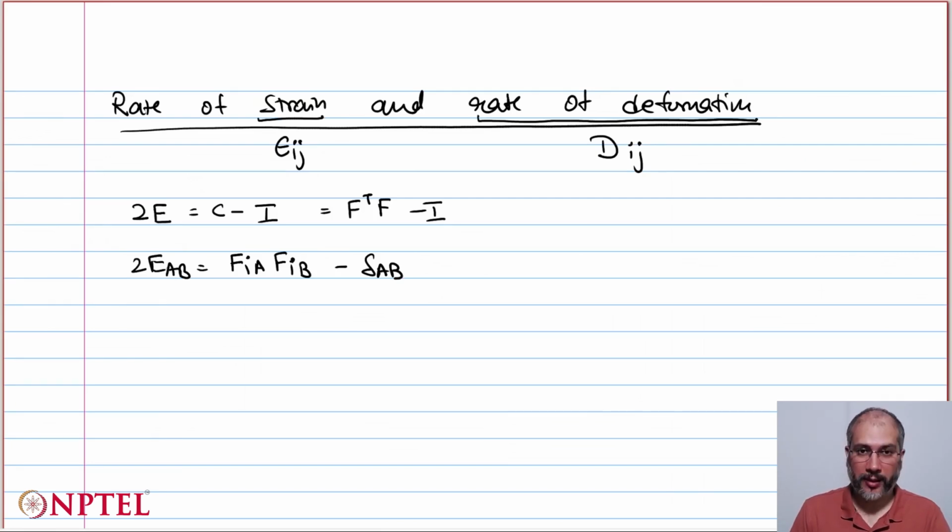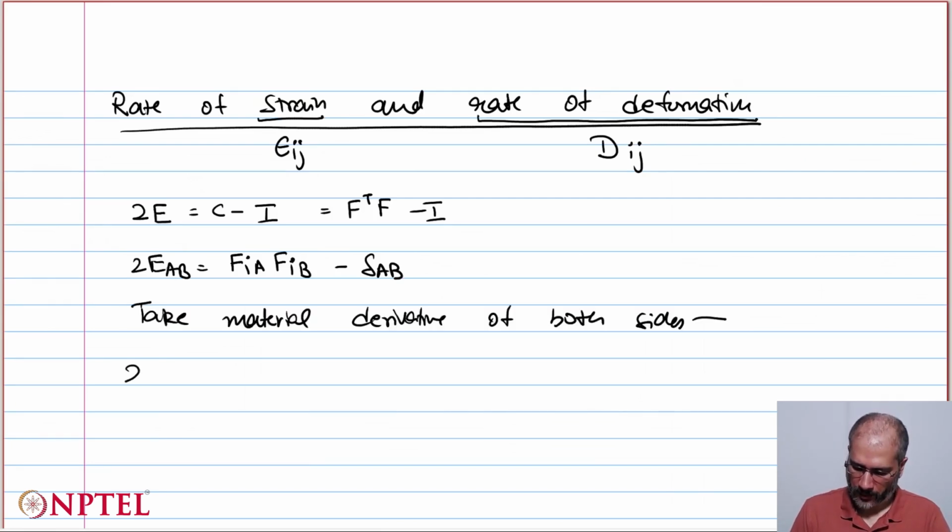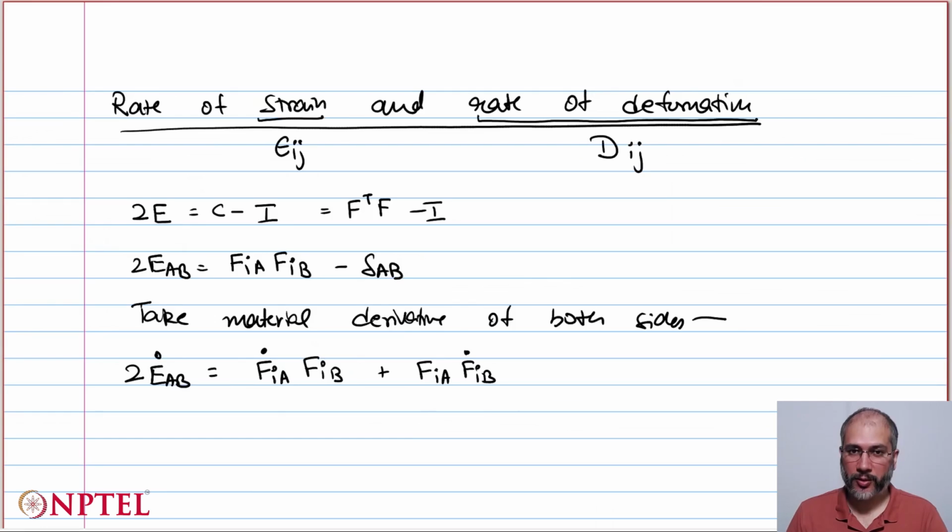Now I take a material derivative of both sides. So this becomes twice EAB dot, and that is F dot iA times FiB plus FiA times F dot iB. And the delta is gone because delta is a constant, so its time derivative is 0.